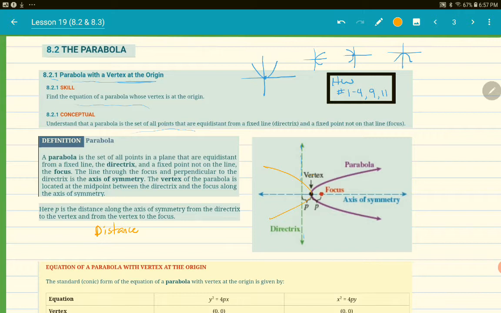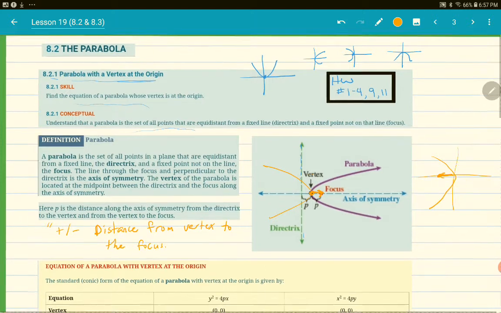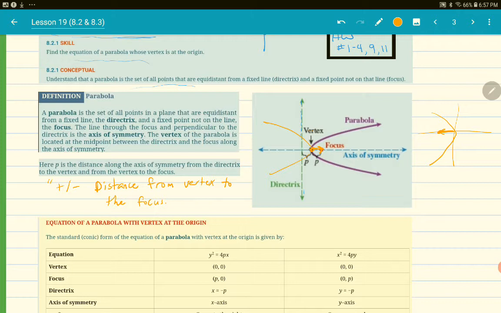So I like to think of P as the positive or negative distance from the vertex to the focus. If I always start at the vertex to go to the focus, then I know it's positive going this way. And if I had a parabola like this, then I would know that P would be negative because it's going left, just like the axes go positive from left to right.